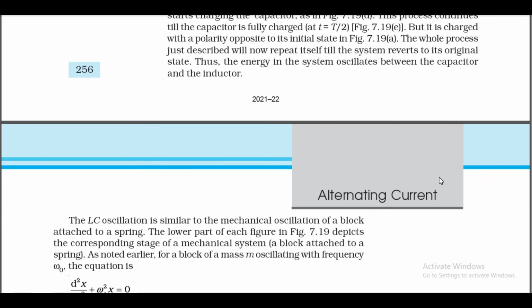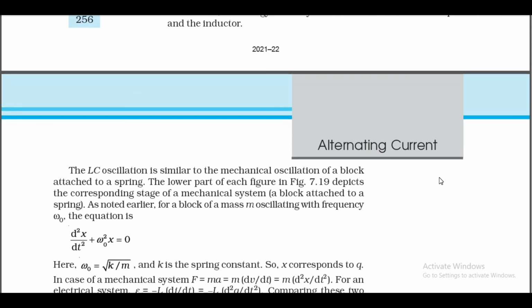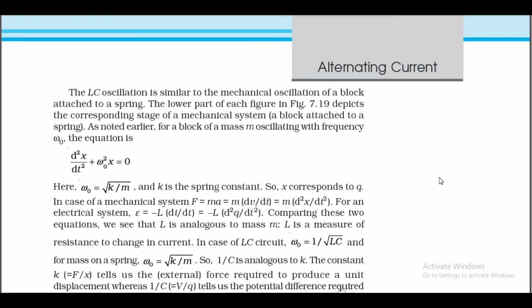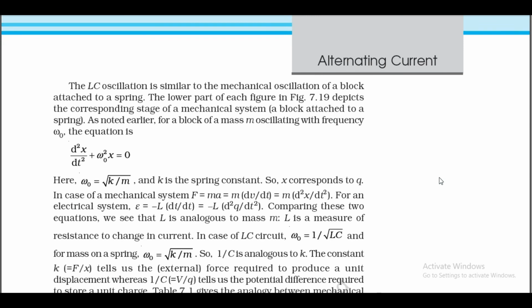The LC oscillation is similar to the mechanical oscillation of a block attached to a spring. The lower part of each figure in figure 7.19 depicts the corresponding stage of the mechanical system. A block of mass m attached to a spring, as noted earlier, oscillates with frequency omega naught.